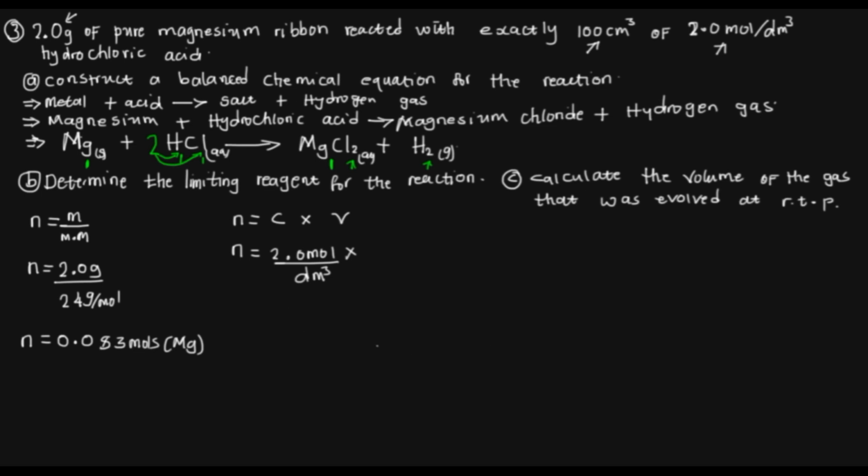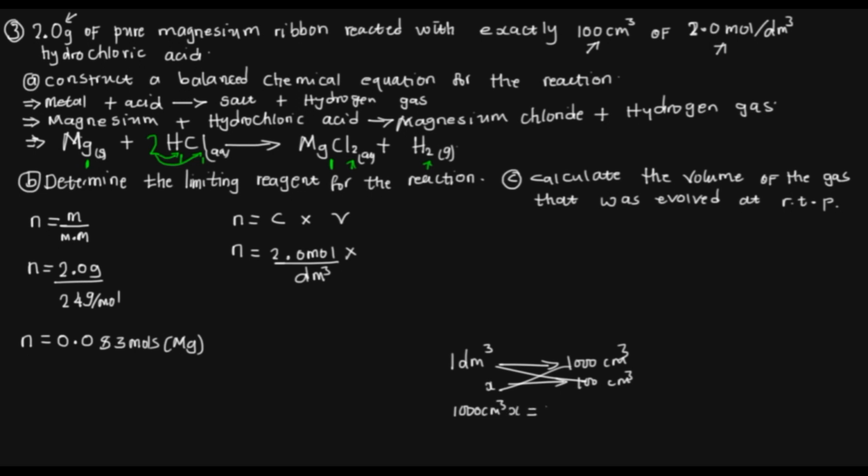Now volume should be in decimeters cubed, so we need to convert. So we say 1 decimeter cubed is equal to 1000 cubic centimeters. So our 100 cubic centimeters will be x, then we cross multiply. So 100 times 1 decimeter cubed, and 1000 cubic centimeters times x.